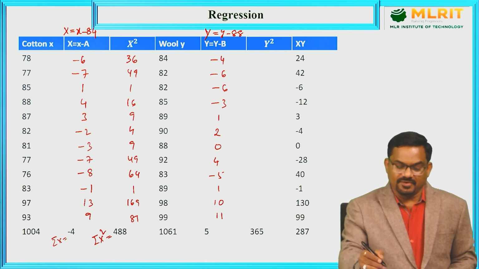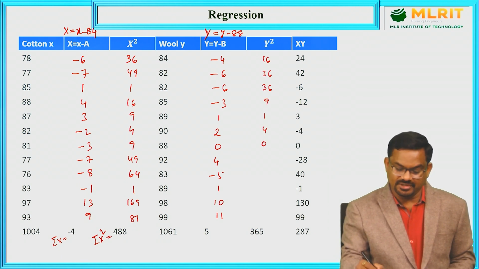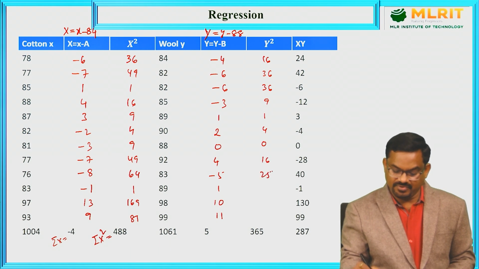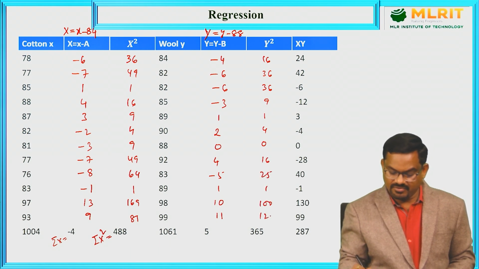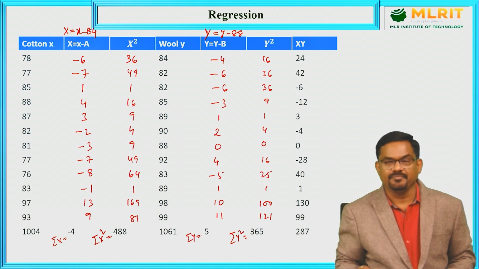Let us square these values: 16, 36, 36 again, 9, 1, 4, 0, 16, 25, 100 and 121. And this gives sigma y square values and this is sigma y values.